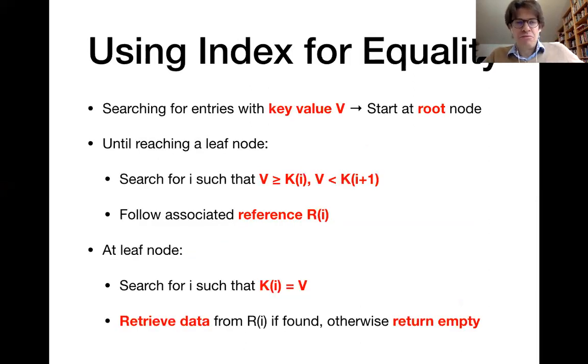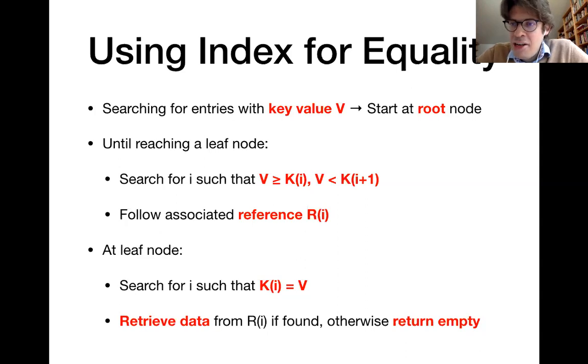All right. So here, to make things a little bit more concrete, how can we use this index for equality predicates? This is the algorithm that you would use for that. Whenever I have an equality predicate in my query and I want to use the index in order to find corresponding entries, then first of all, I start at the root node of the index, which in those slides was on top.